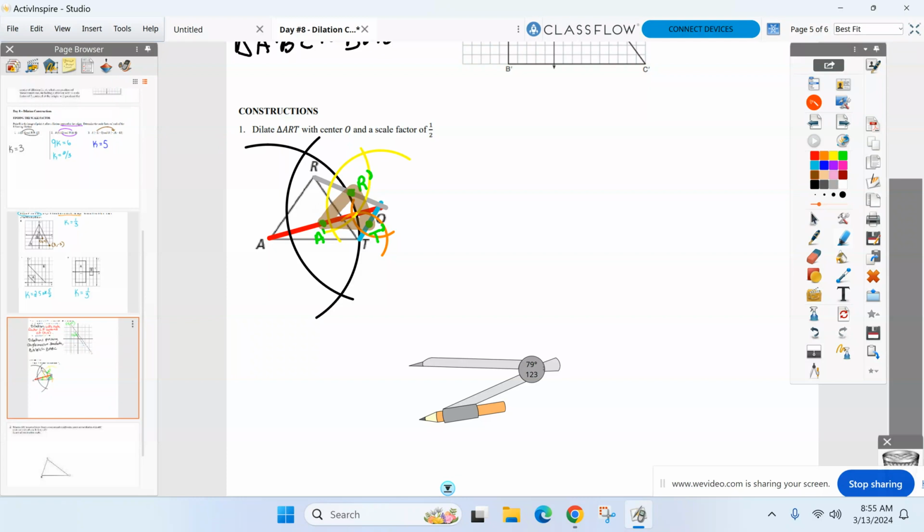At the end here, your triangle should be smaller and closer to O than the original one was in the previous. Smaller and closer to O.